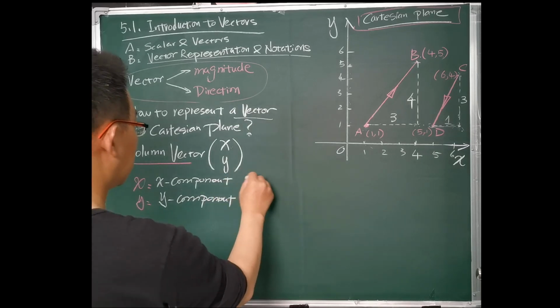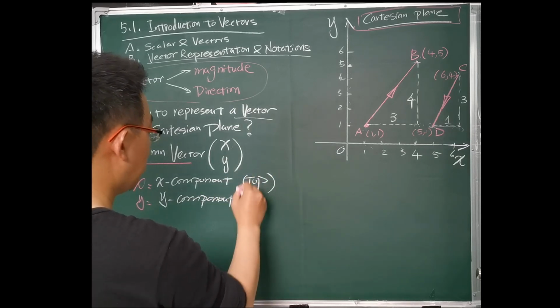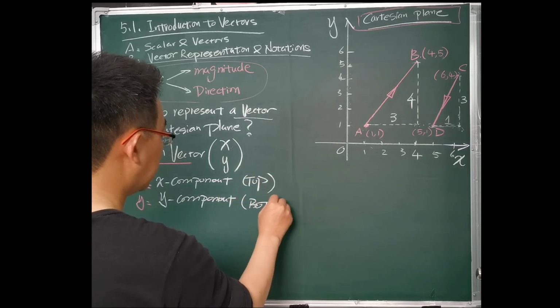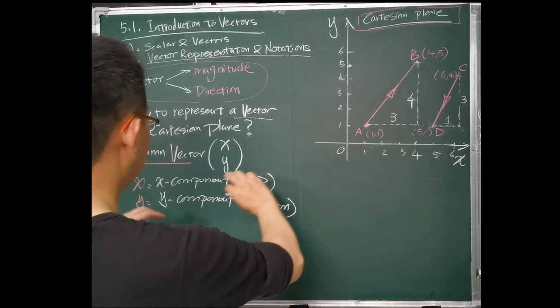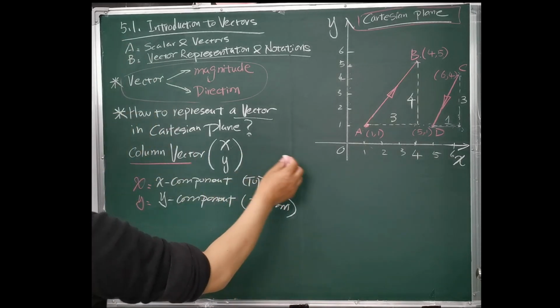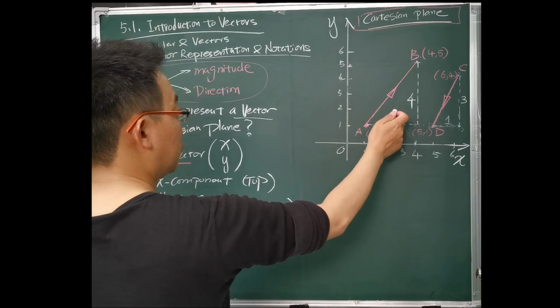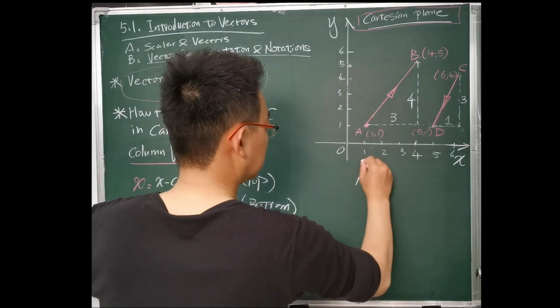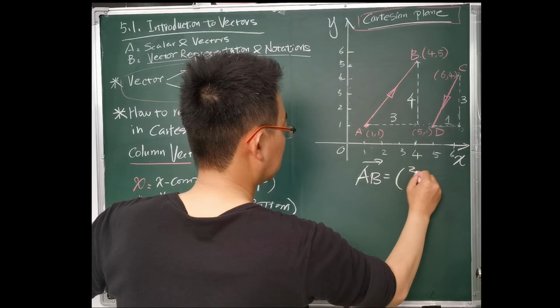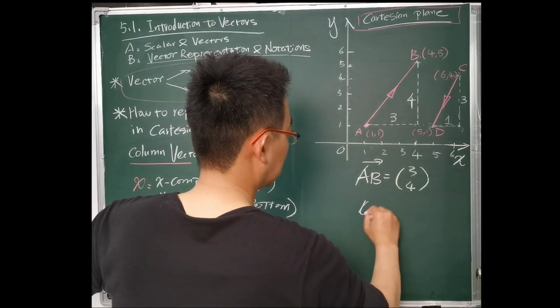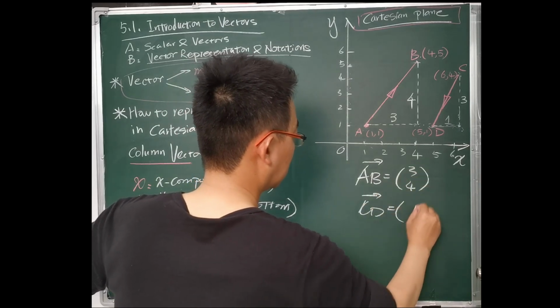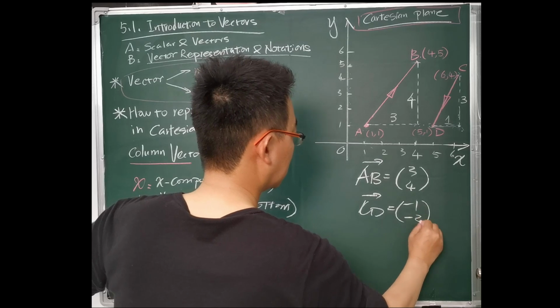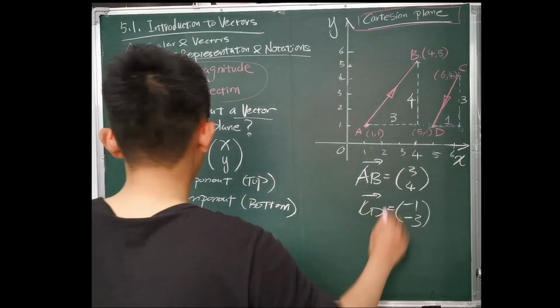So the X always on top and the Y always on the bottom. Must always be like this. So 3, 4, right?